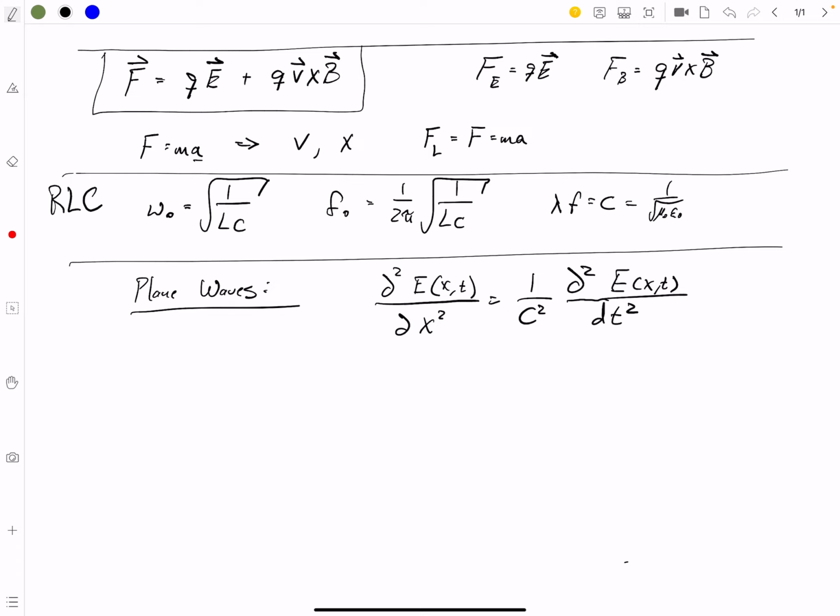And if you were to do that with an electric field, you would find that c squared is equal to 1 over mu naught epsilon naught. So that's it in a nutshell.